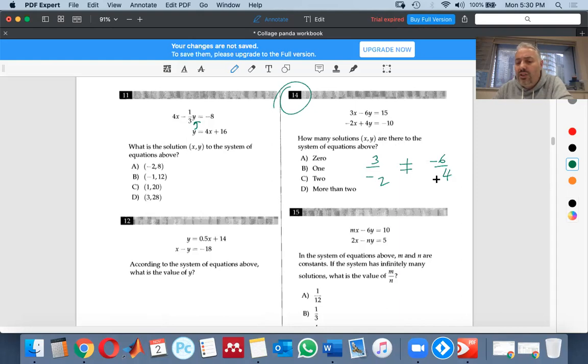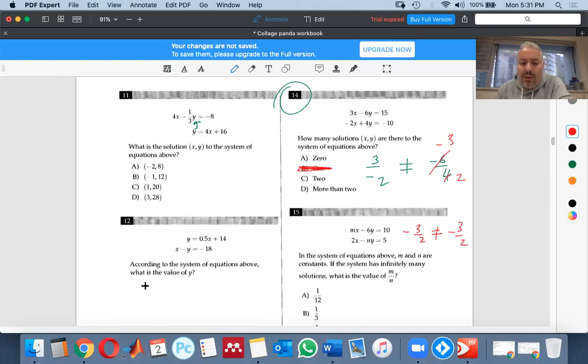Yes or no? Let's check. -6 over 4 means divide by 2, -3 over 2. -3 over 2 different than -3 over 2? No, this is wrong. They are the same. That means it cannot be one solution. Right? Yes.